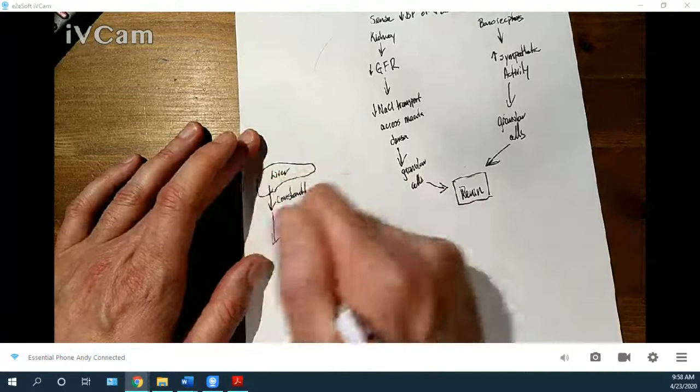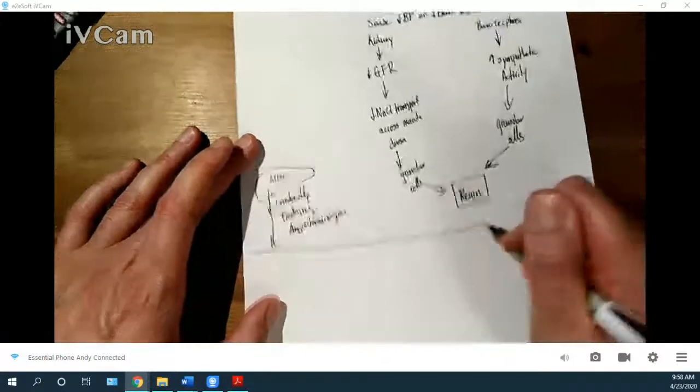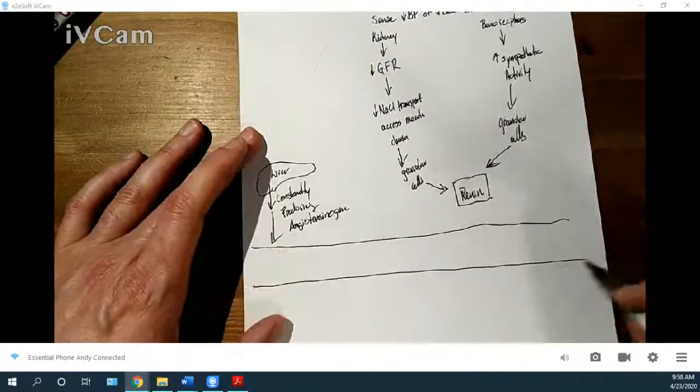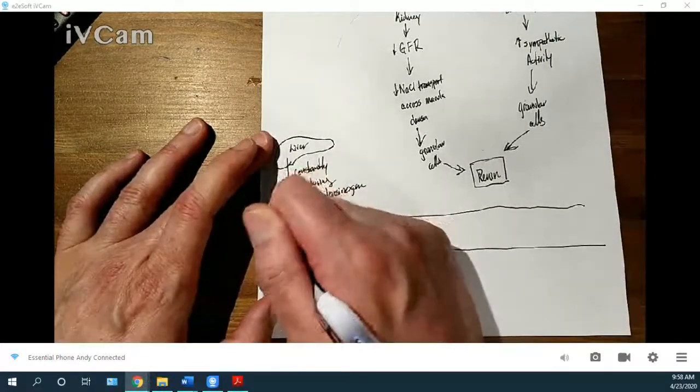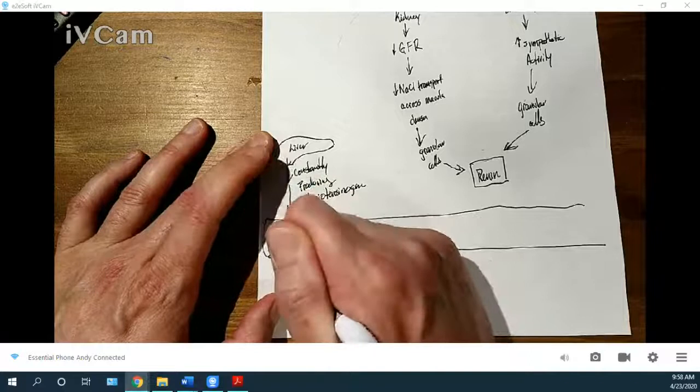And this chemical, angiotensinogen, ends up getting into our bloodstream. So this is our blood right here. This enters in, so angio.